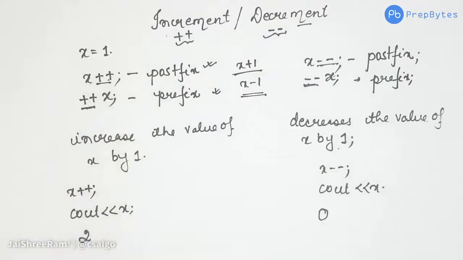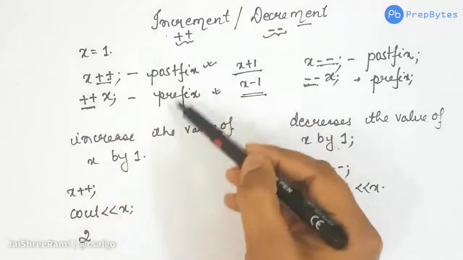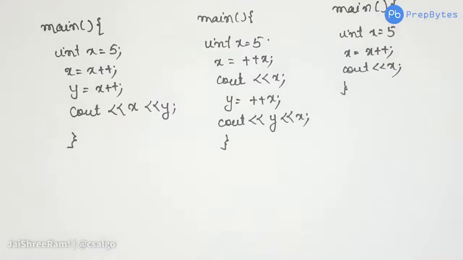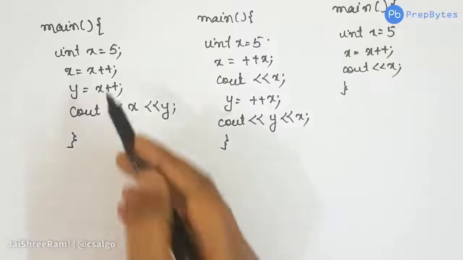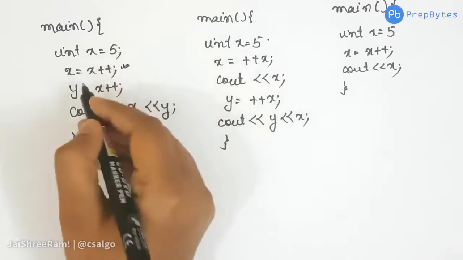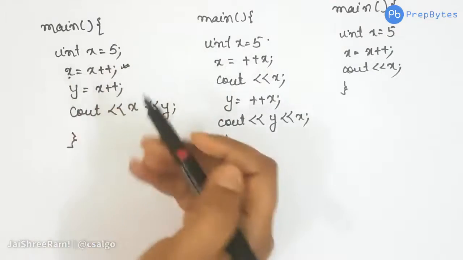Let's now see the difference between postfix and prefix using some examples. So we have several programs here. Let's see the output of these and then we will understand the prefix versus postfix. So here my x is equal to 5. I am incrementing x and assigning the value to x.